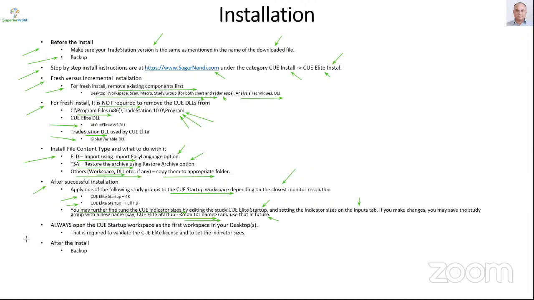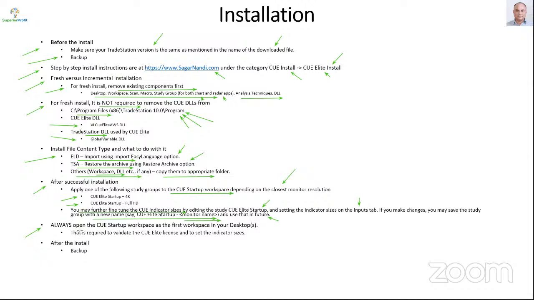After installation, when you open QElite, you may open the default QElite desktop, or you may open custom desktops that you create with custom workspaces. How to create custom desktops and custom workspaces, I covered that in the other session, TraceStation Basics for QElite. I will not cover that again.